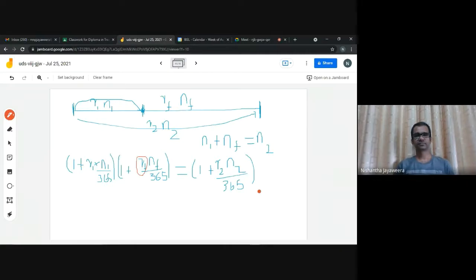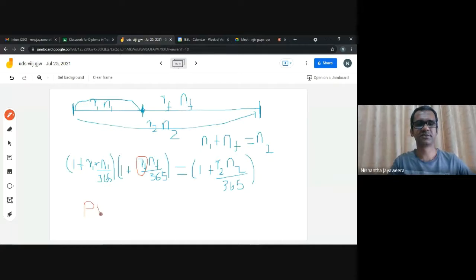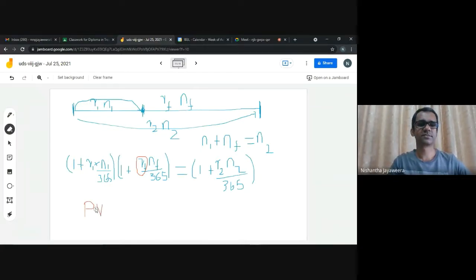Any question? Is it clear? So now you can see the importance of remembering this. Future value equation in money market.